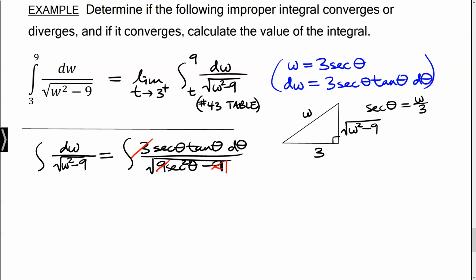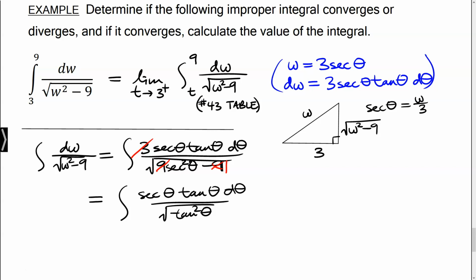So that's going to give us secant tangent d theta on top. And then we've got square root of secant squared minus 1. Secant squared minus 1 is tangent squared. So we've got square root of tangent squared. Now, square root of tangent squared normally would be absolute value tangent, but if you remember what I talked about earlier when we were doing these kinds of substitutions, if you choose the domain restrictions right, it's just tangent.